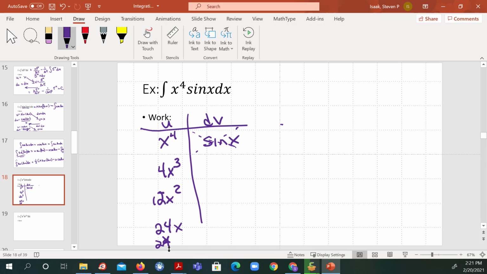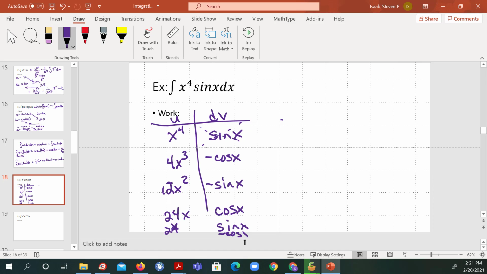What do you take the derivative of to get sine? Negative cosine. What do you take the derivative of to get cosine? Negative sine. So then this is cosine x, and this is sine x, and then finally minus cosine x.